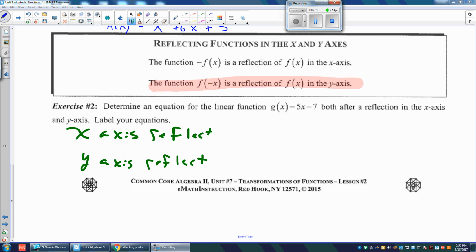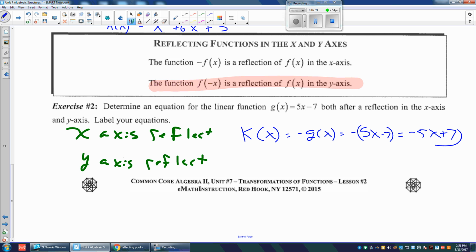The x-axis reflect, remember that was, for lack of a better letter, k of x equals negative g of x, negative parenthesis 5x minus 7, distribute the negative sign, negative 5x plus 7.